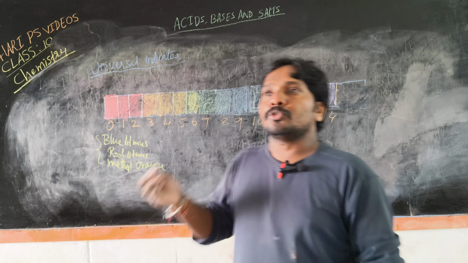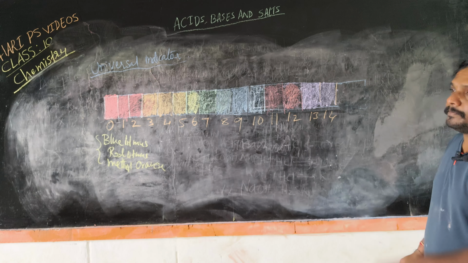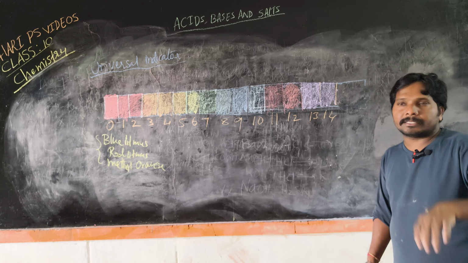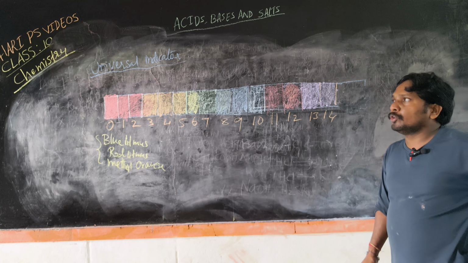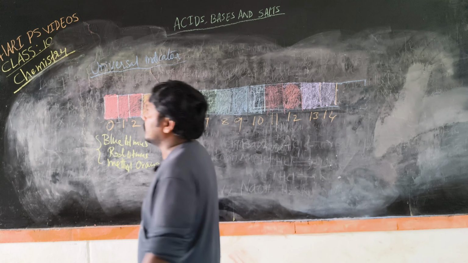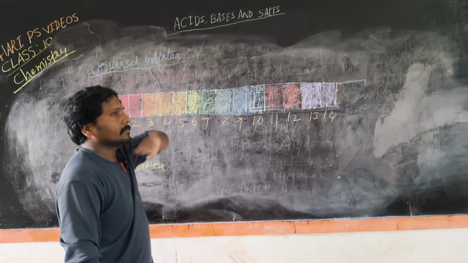To know the strength of a given acidic or basic substance, we have to use another indicator. Another indicator is called universal indicator.